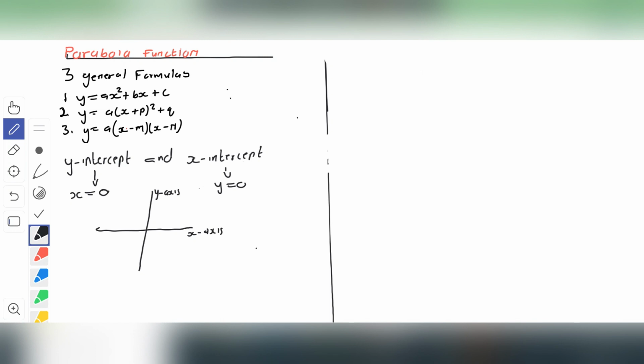So for this line, which is the x-axis, y is always equal to 0. And for this vertical line, which is the y-axis, x is always equal to 0, right?